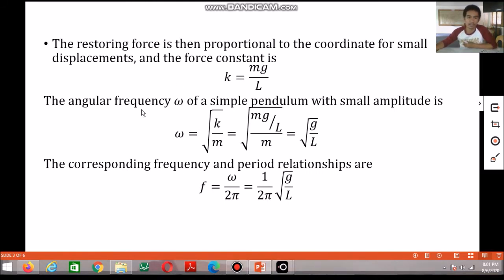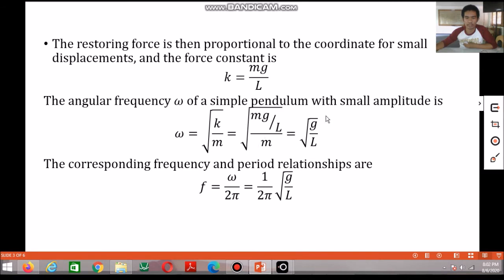pendulum. The angular frequency of a simple pendulum with very small amplitude, omega, equals the square root of the spring constant over m. The spring constant is equivalent to mg over L, so we can cancel m.